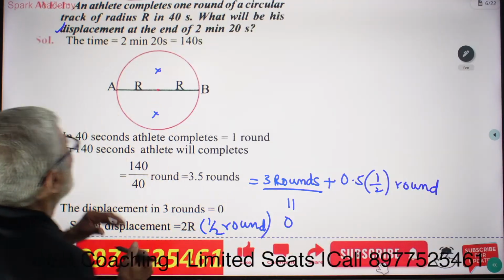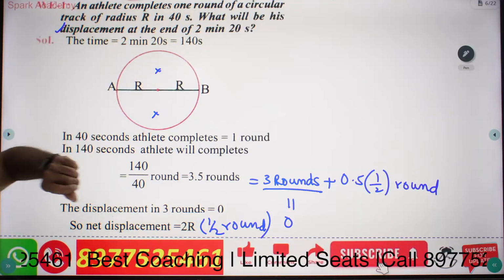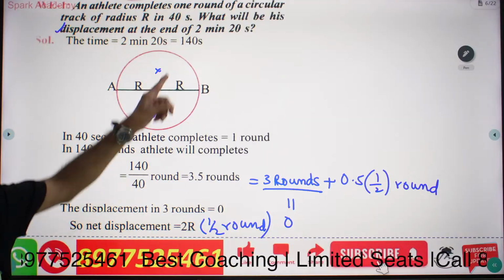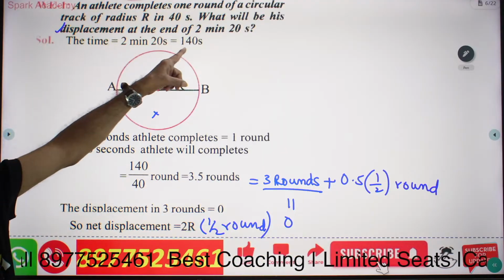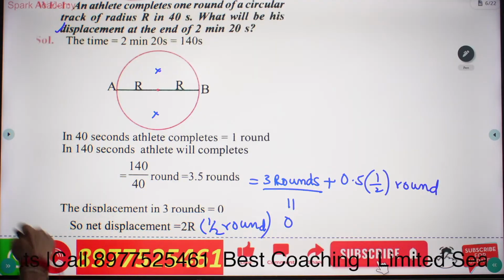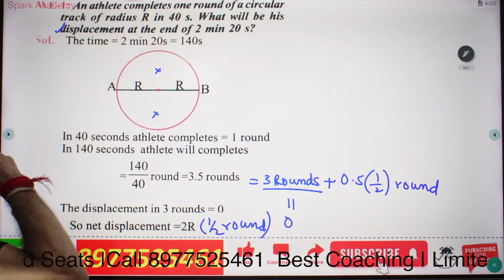An athlete completes one round of a circular track of radius r in 40 seconds. What will be his displacement at the end of 2 minutes 20 seconds? That means one complete circular track takes 40 seconds.